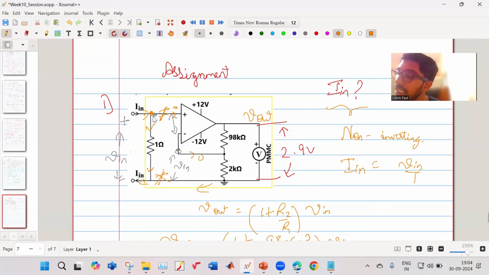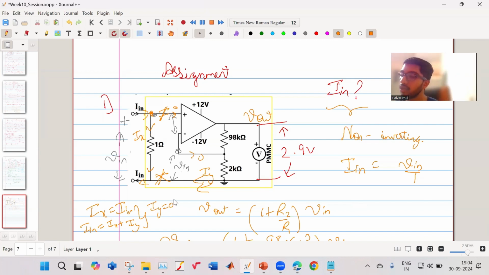Let us say this is IX, the current in this branch. So your IX is equal to I in over here. And let us say this current is IY. Over here, I in is equal to IX plus IY. For both these equations to be valid, your IY has to be equal to 0.